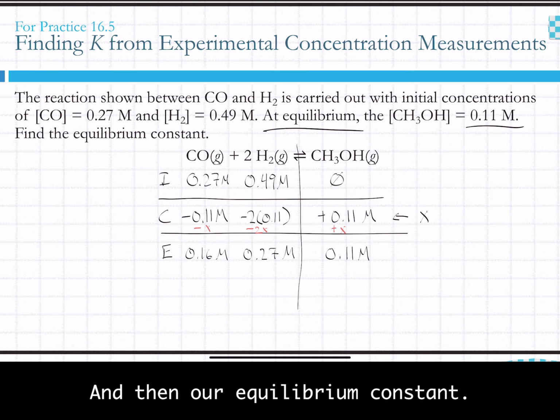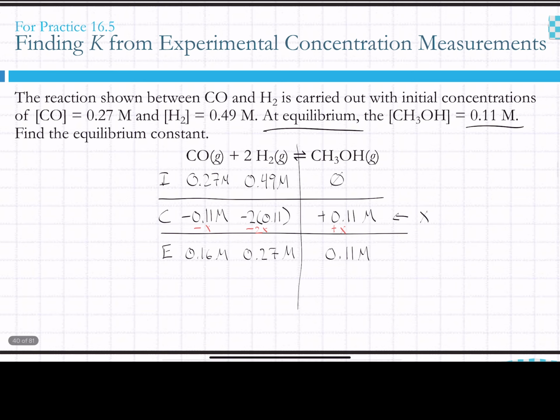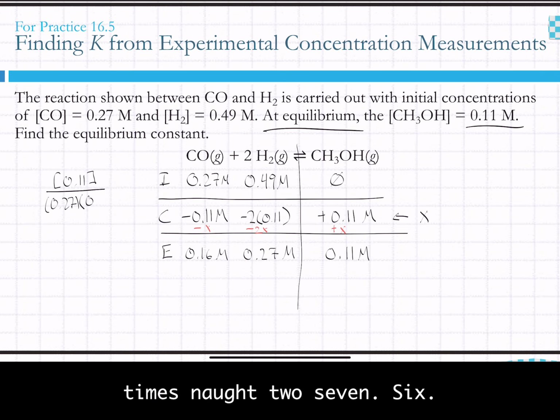And then our equilibrium constant is going to be 0.11 divided by 0.27 times, not 27. Oh, this one is 0.27.